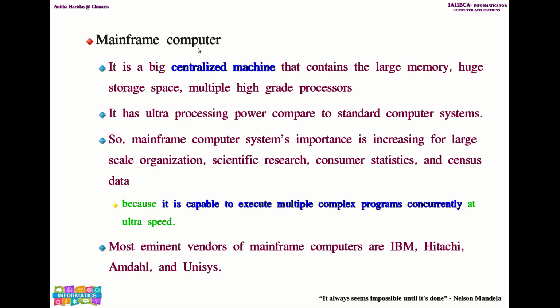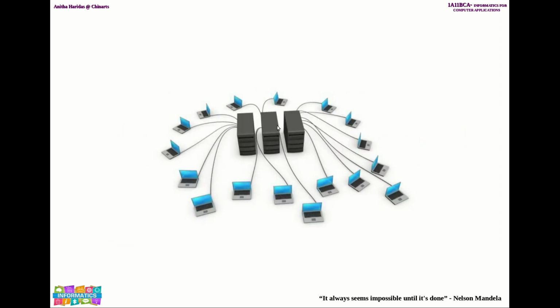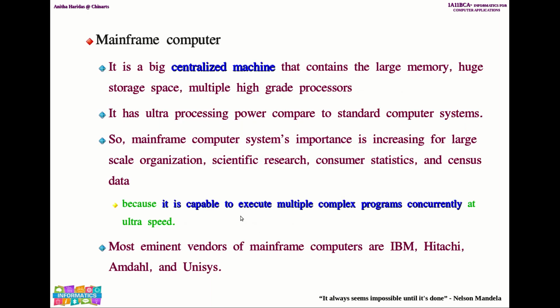Next we have the mainframe computer. It is a centralized machine which contains large memory, and you have huge storage space also. We can have a high-grade, high-speed processor also. So you will have a centralized server. Lots of workstations will be connected, and it has very high-speed processing power.